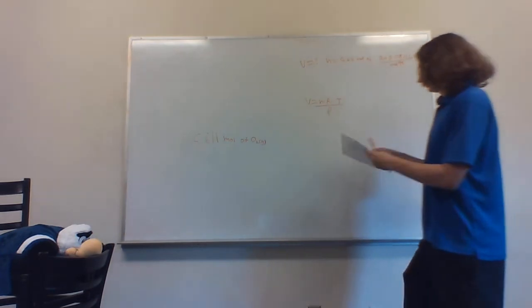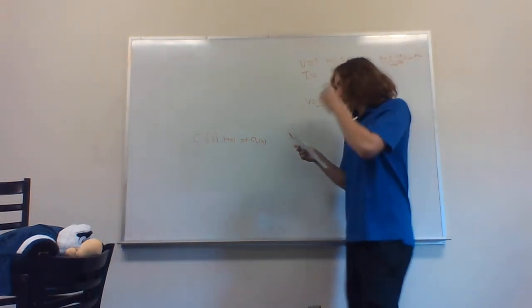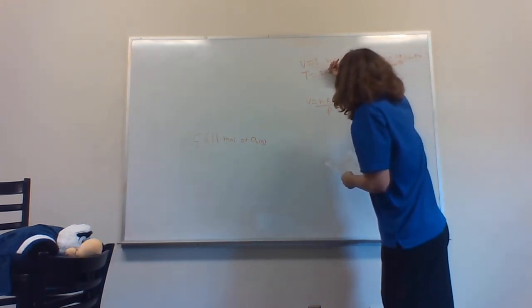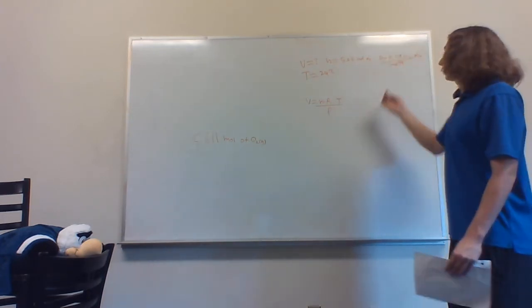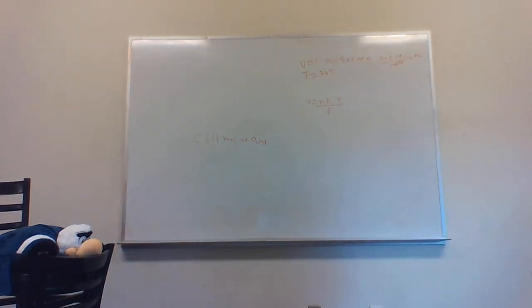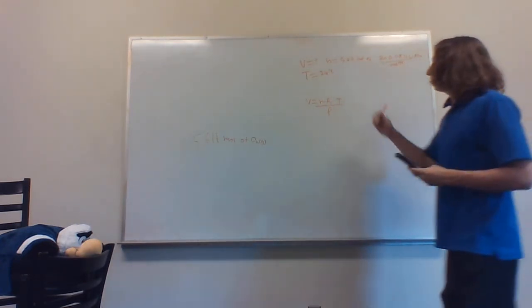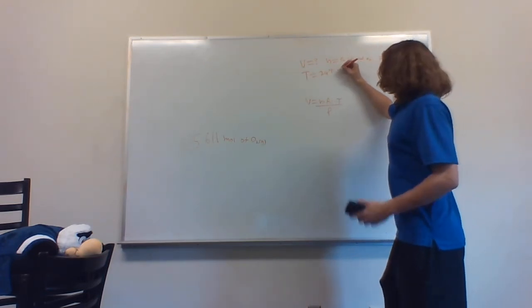Temperature is 24 degrees Celsius. However, we need it in Kelvin, so our units cancel out at the end. So we're going to go ahead and convert 24 degrees Celsius to Kelvin. We add 273.